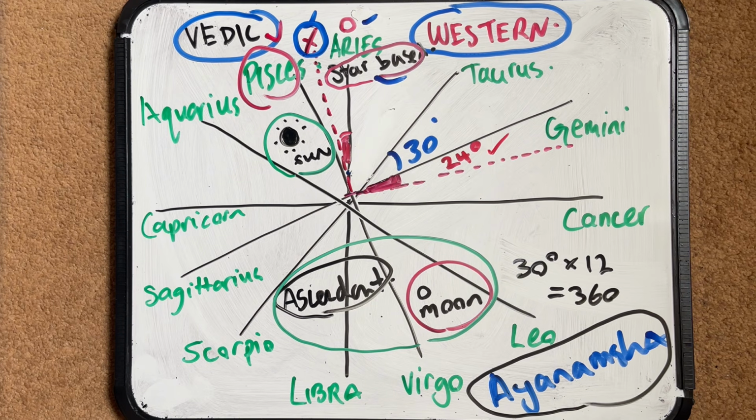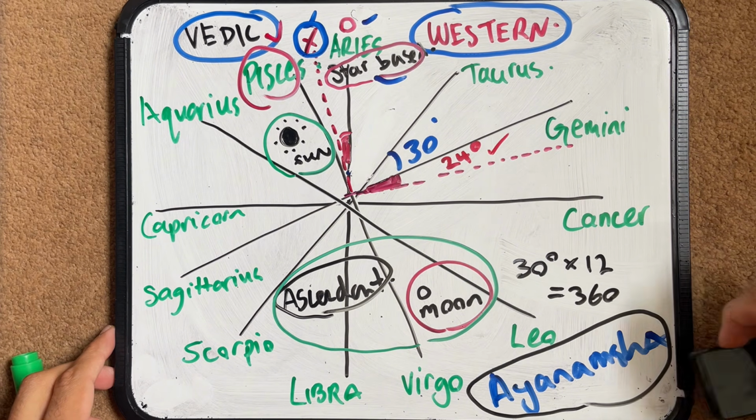So when I teach astrology in this series, I will mainly be teaching about Vedic astrology. I can also teach you about Western astrology, but I want to focus on Vedic because it resonates with me more. Okay, that means we will use the sidereal zodiac.